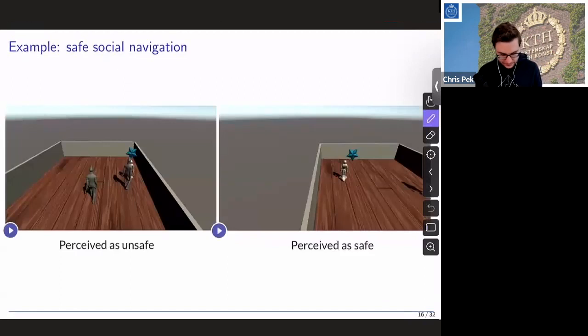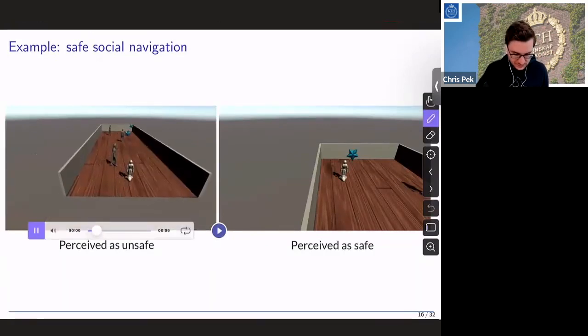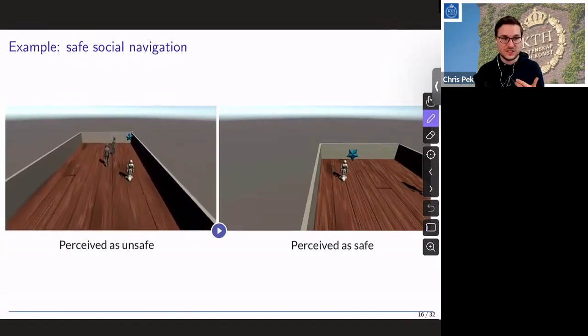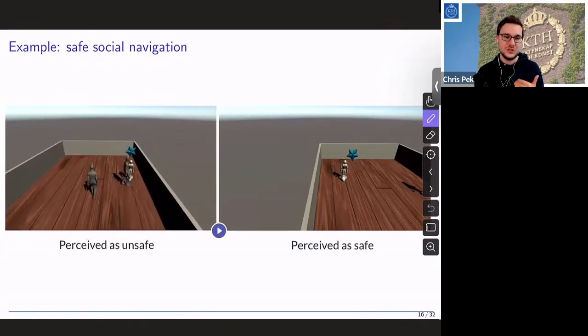By using the framework, we can start from a very unsafe policy, a shield, to one that in the end converged perceived as safe. And if you remember the slide previously where I showed you the prior and posterior, these are actually the prior and posterior for this setup here. So in the beginning, this robot policy was perceived as unsafe because it's keeping very low distance to the humans.